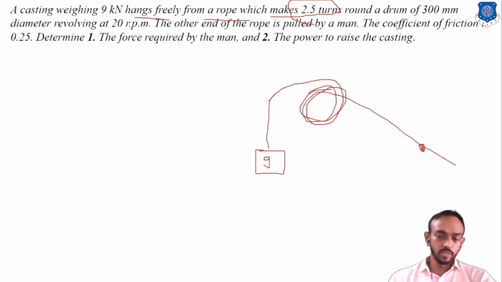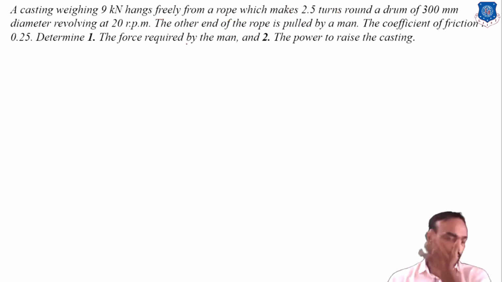If he is not holding this rope, the rope will pass through and the weight will fall. But he has to give some force in this direction, so this belt rotates on that pulley. First of all we have to find this force applied by the man.